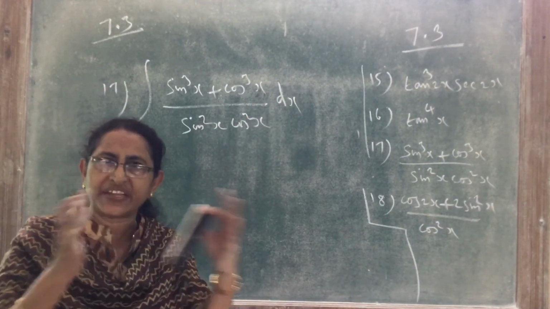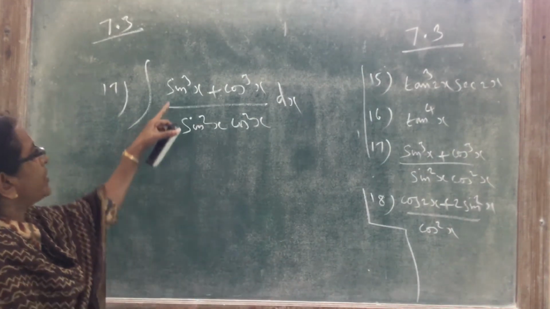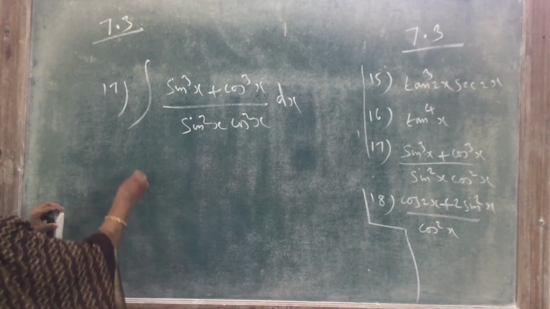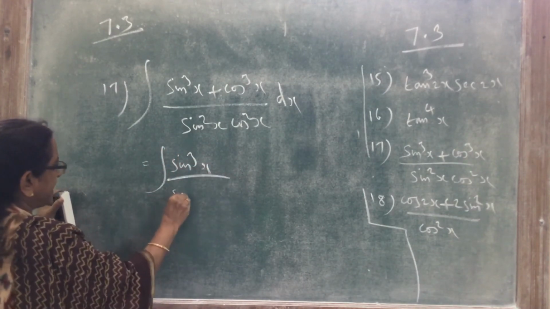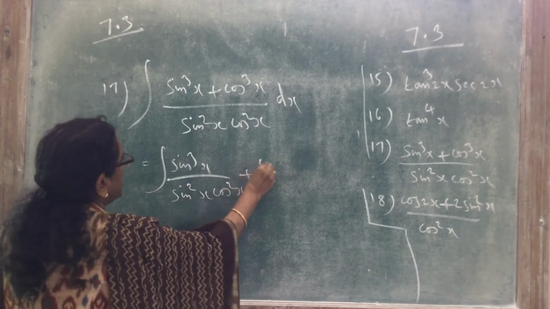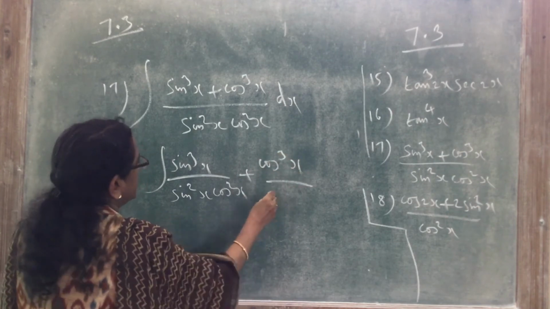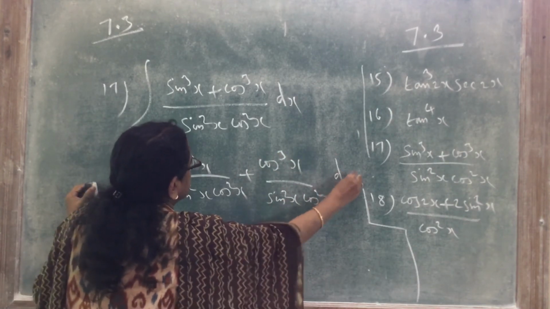One method is to split first and see whether we can simplify and find the integral. When we split, it is easy. We get integral sin cube x divided by sin square x cos square x, plus cos cube x divided by sin square x cos square x dx.